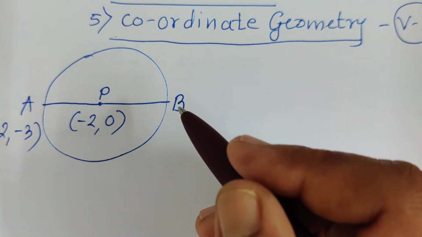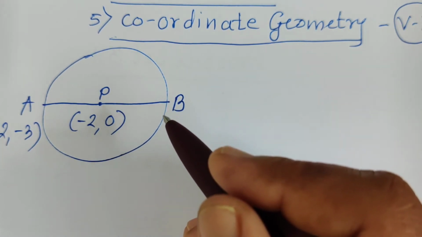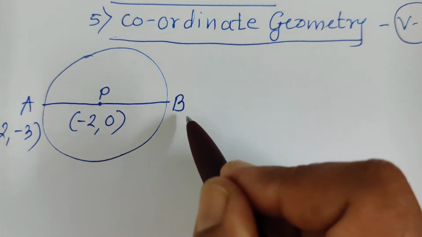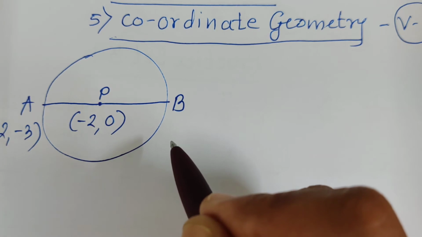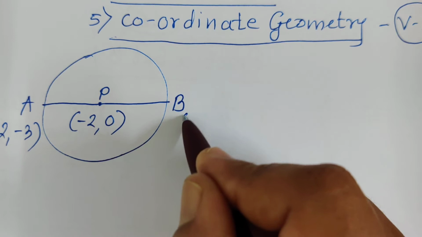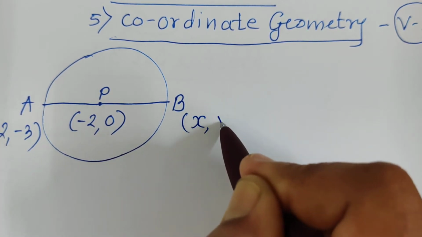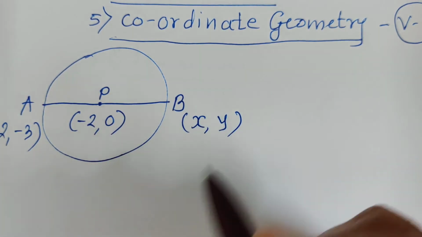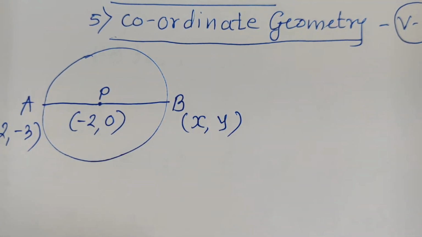You can consider it x, y, or x1, y1, or x2, y2, or any other alphabet, no problem. We have to find the coordinates of B, so we will consider x and y. But now see, it is a circle, P is the center of the circle, AB is the diameter.